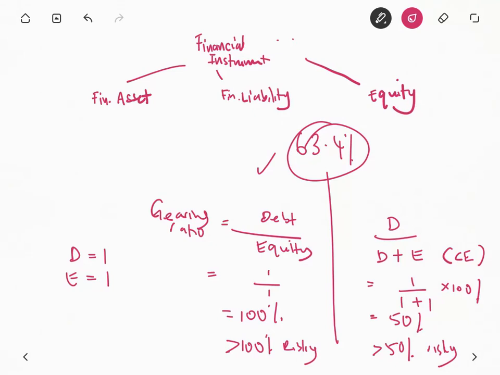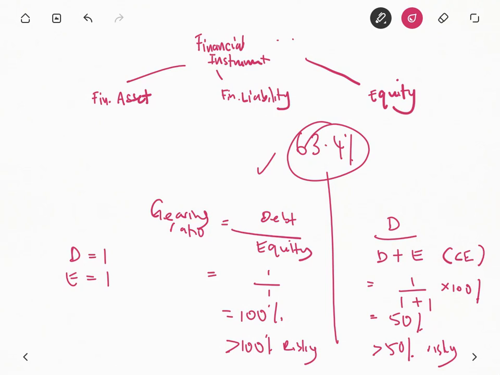So you always use $1 to understand. In other words, on gearing, who is the last person to be paid in the event of liquidation? The shareholder, right?